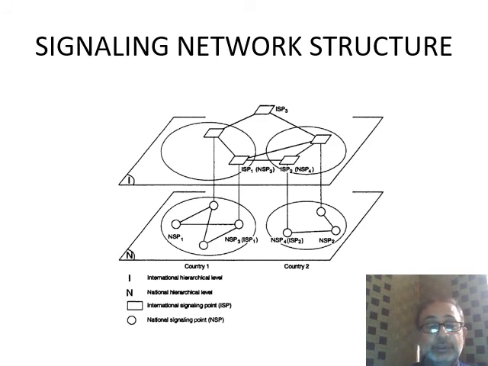Two countries have their connectivity over their international hierarchical levels, international signaling points, which are connected, and within those countries, they have different national signaling points, which connect within the country.